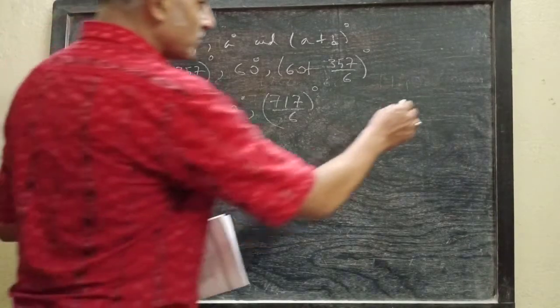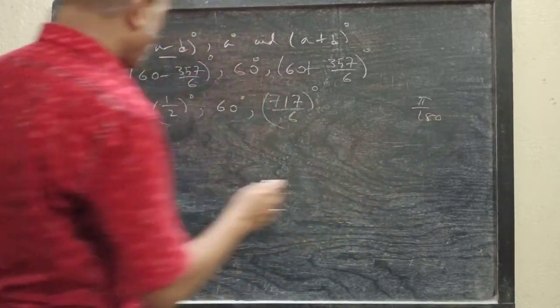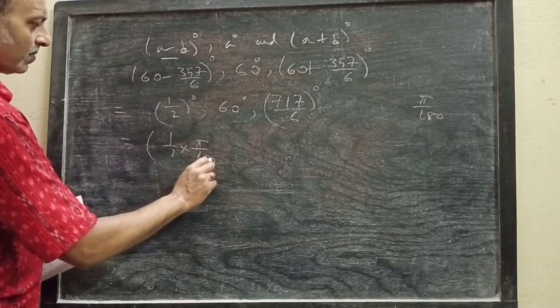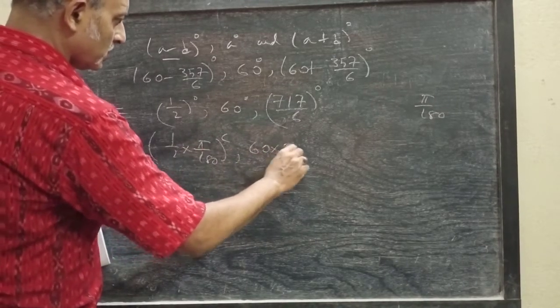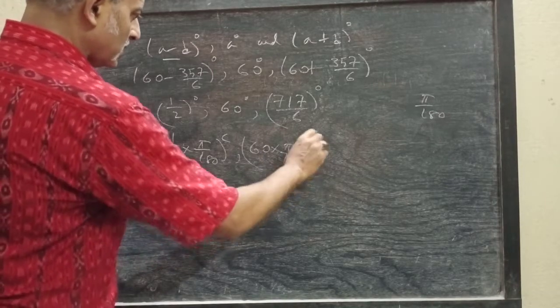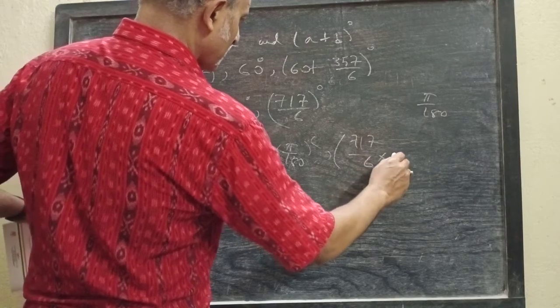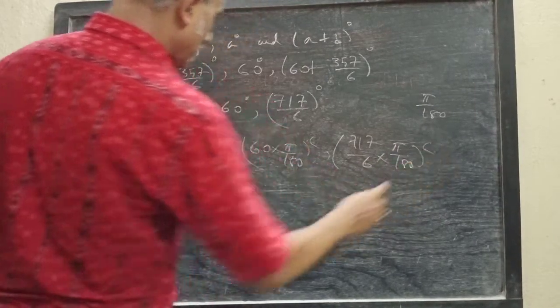Now let us shift them to radian measure. You know, to shift to radian measure we have to multiply by pi by 180. So this will be half into pi by 180 radian, 60 into pi by 180 radian, and 717 by 6 into pi by 180 radian.